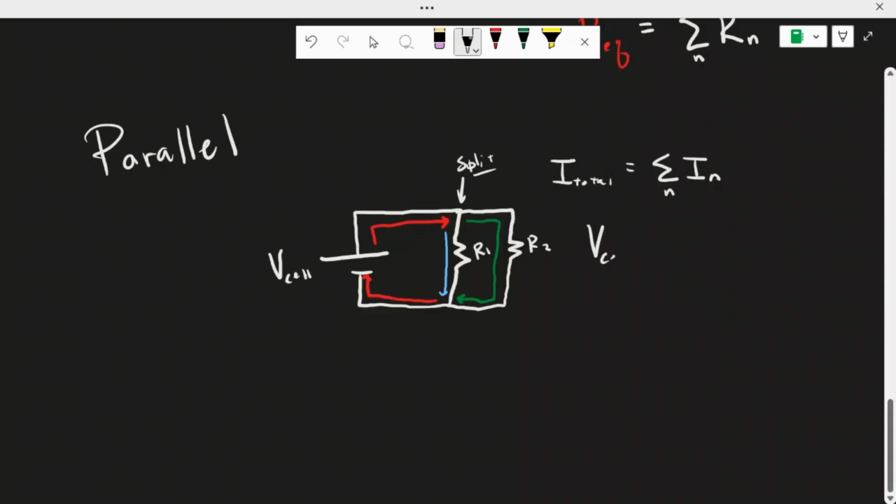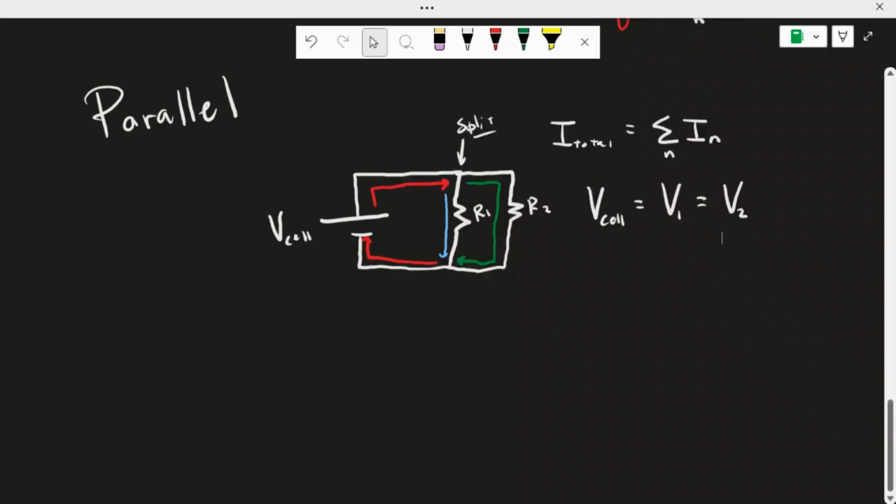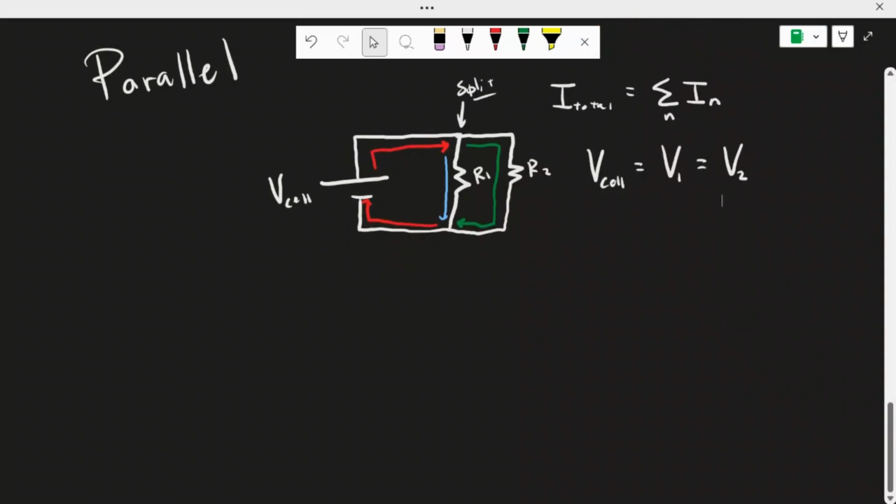So V cell equals V1, and that equals V2. This is because if you don't get that amount of voltage being dropped over each of those resistors, then their current will increase, and you would get some kind of problem where your circuit would dissipate or it would overcharge itself, right? So we don't want that.